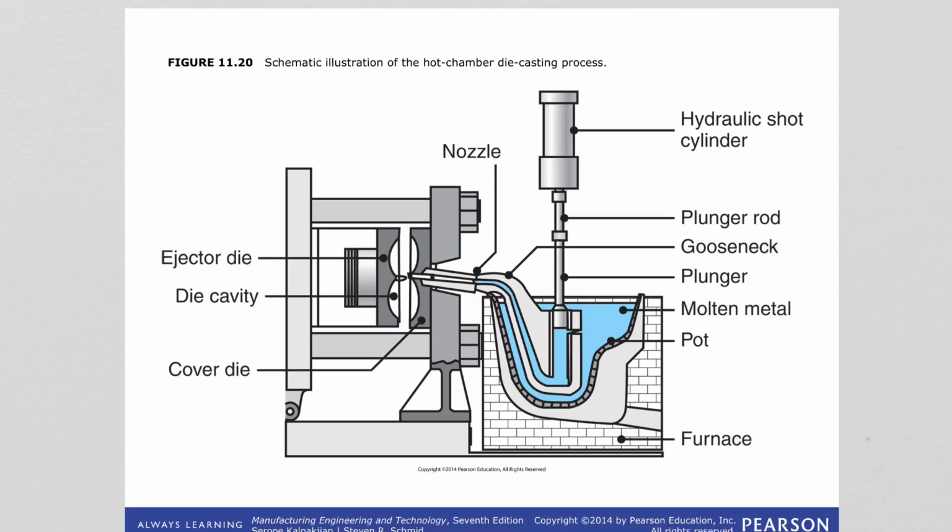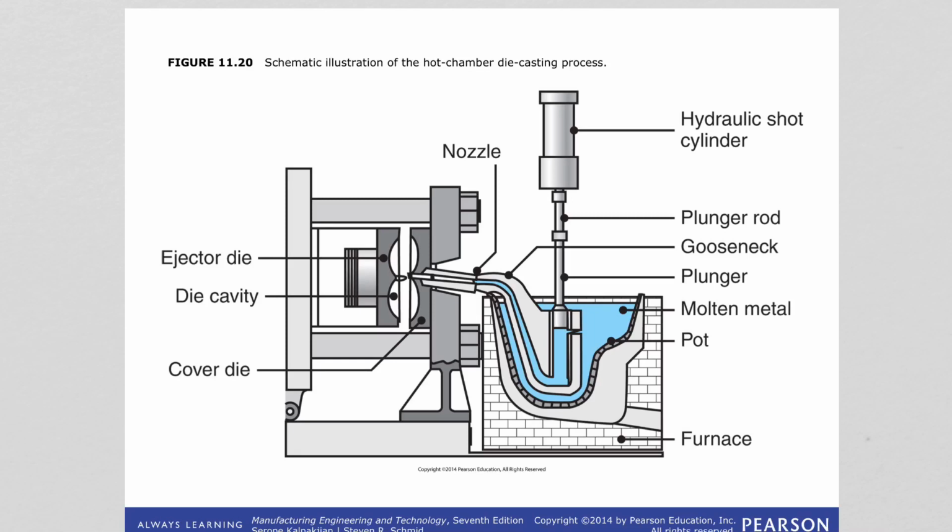The injection mechanism of the hot chamber machine is, as you can see, immersed in the molten metal. Within the pot, which is attached to the furnace, we have the molten metal. The plunger pushes the molten metal through the nozzle into the die cavity, where it is held under pressure until it solidifies.